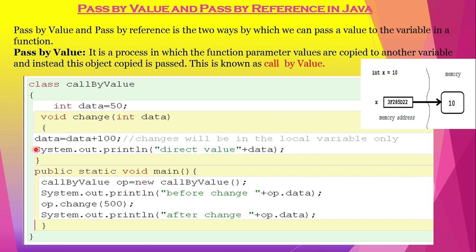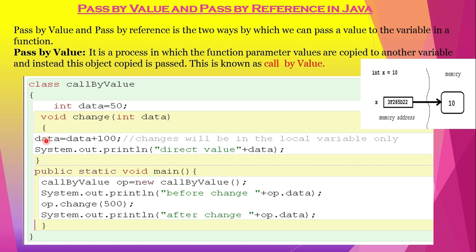Now what is happening over here? Data is equal to data plus 100. The changes you make will be available locally here only. When I call op.change, I have passed 500, and that 500 will be copied to data.